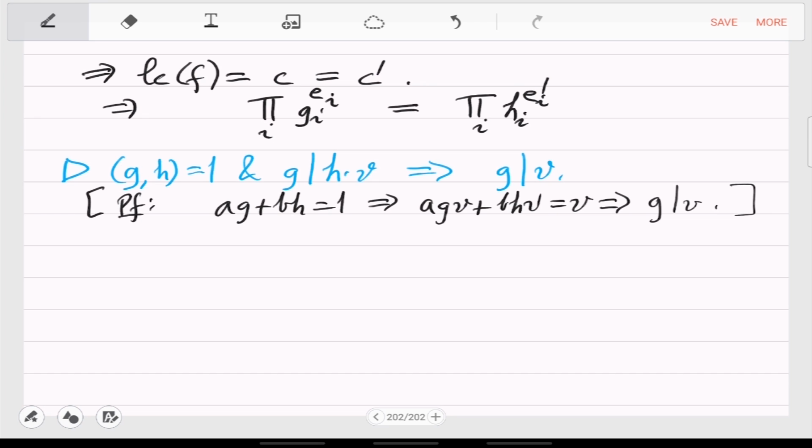So if G1 and H1 are co-prime, then G1 has to divide the remaining Hi's. So somewhere G1 has to overlap with some Hi in the end.